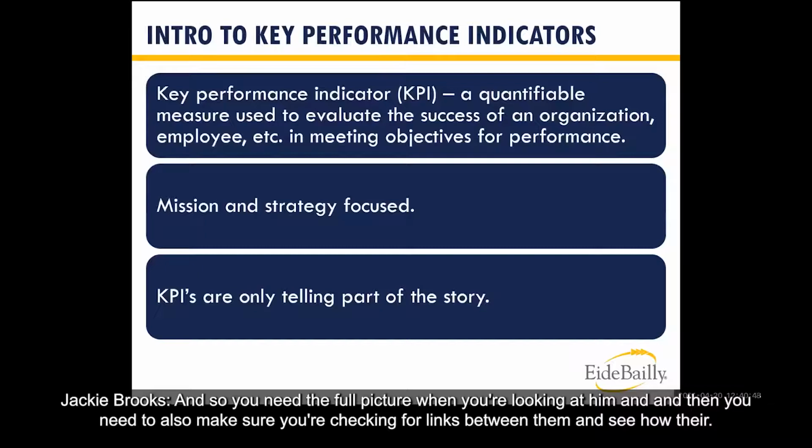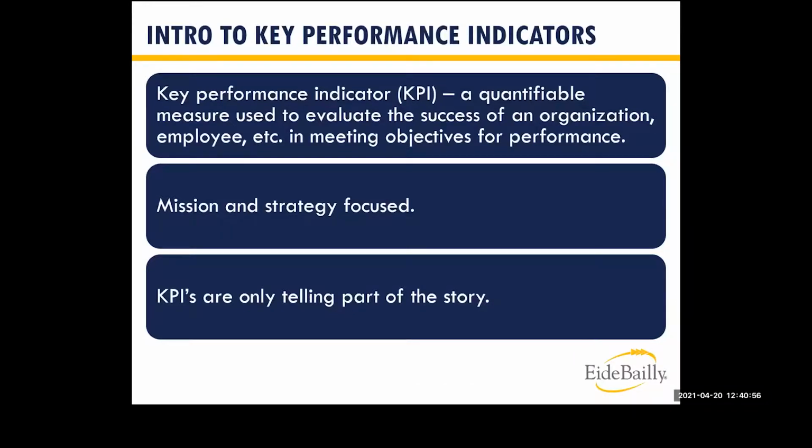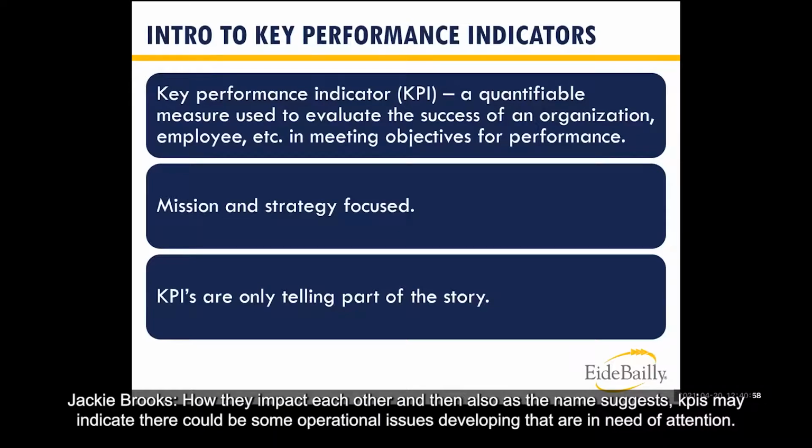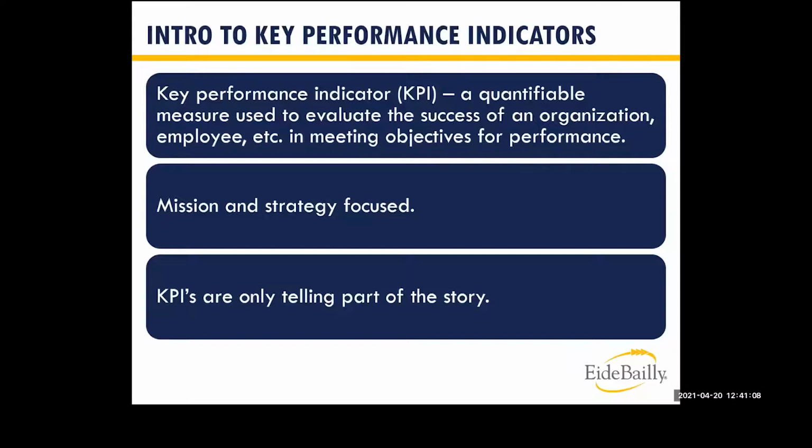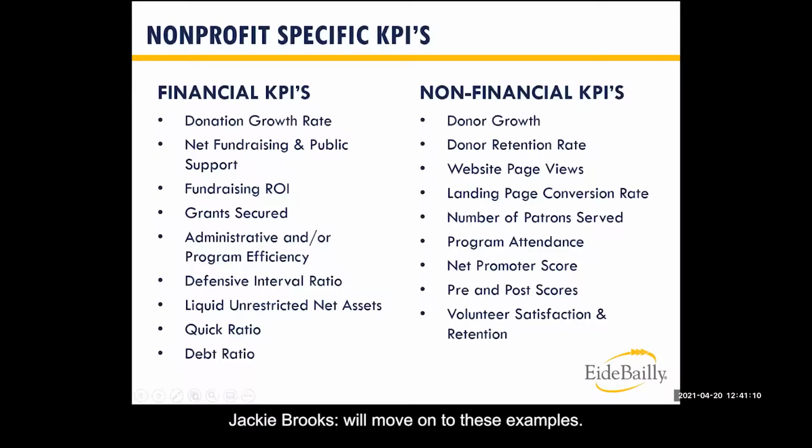So you need the full picture when you're looking at them. And then you need to also make sure you're checking for links between them and see how they impact each other. And then also, as the name suggests, KPIs may indicate there could be some operational issues developing that are in need of attention. So we'll move on to these examples.